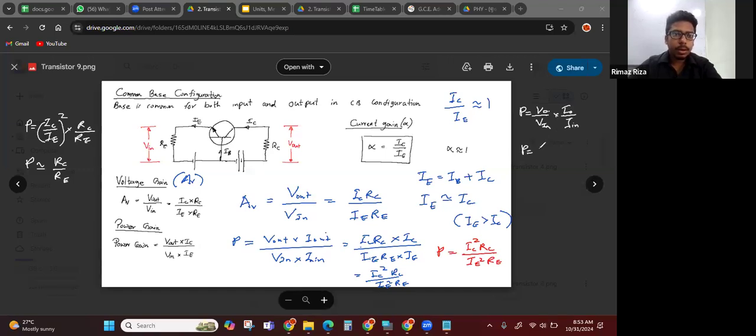V out over V in is the voltage gain, AV, and I out over I in is alpha, the current gain. So power gain is equal to voltage gain into current gain. Okay, that also note down.